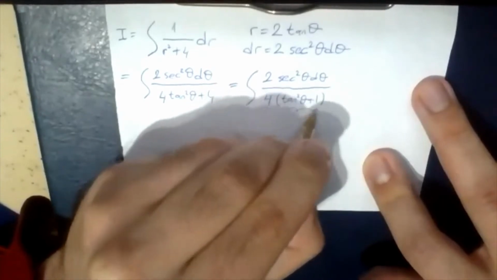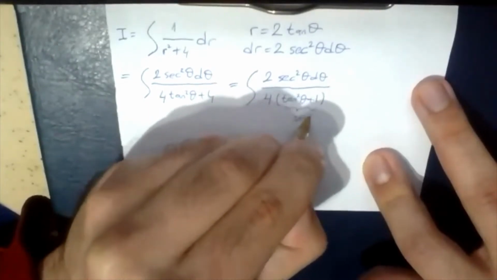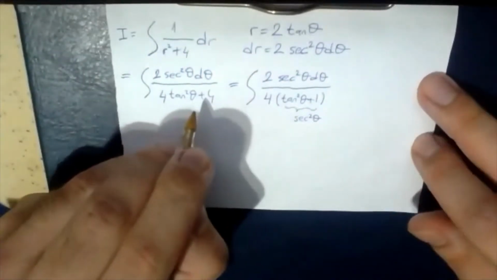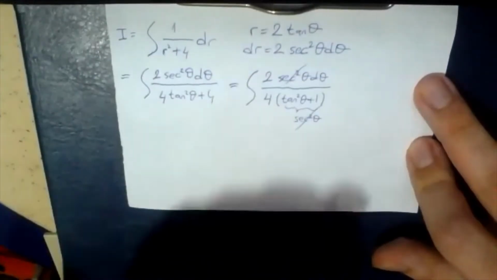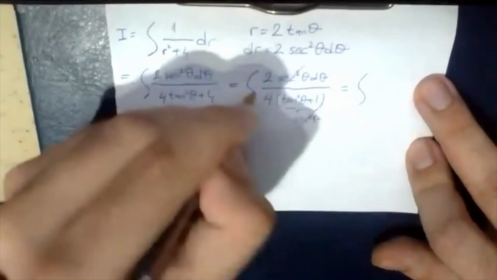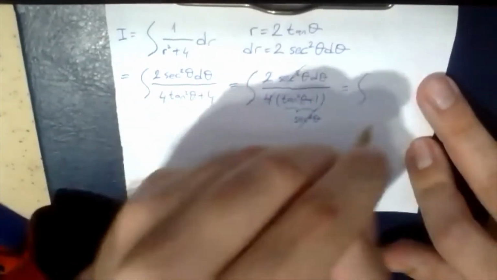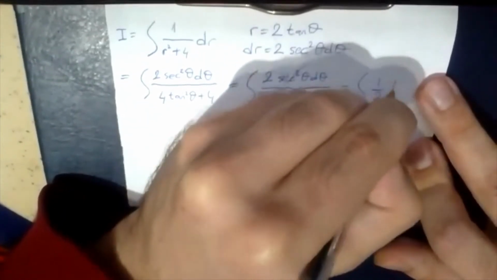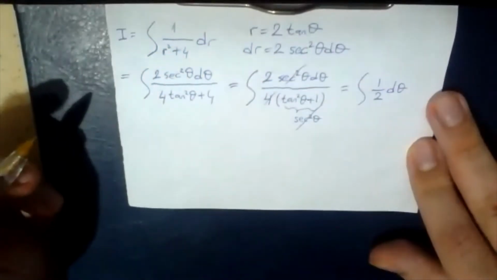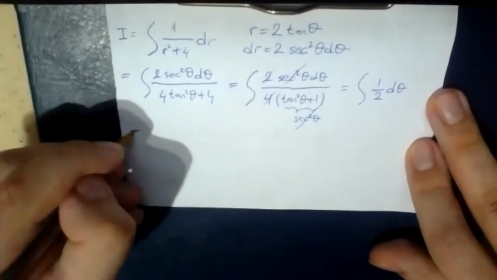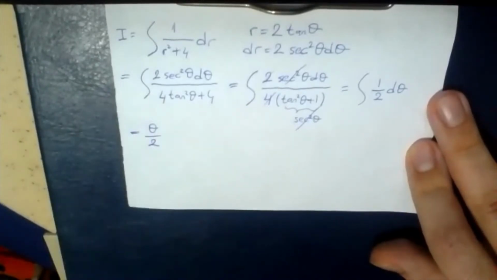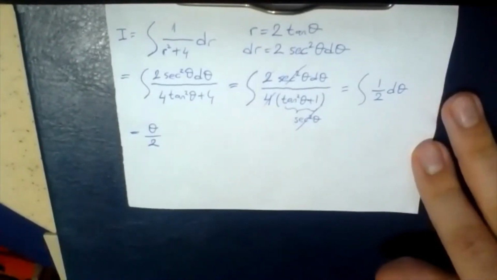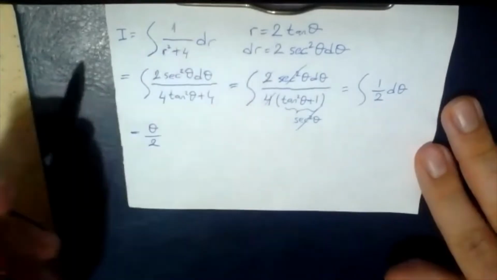By the way, tangent squared theta plus 1 is equal to secant squared theta by a trigonometric identity. So they will cancel. But 4 and 2 also cancel. We will have 1 over 2 times d theta. What does it mean? The result, when we integrate, is theta over 2. But we also need to go back to the variable r here.